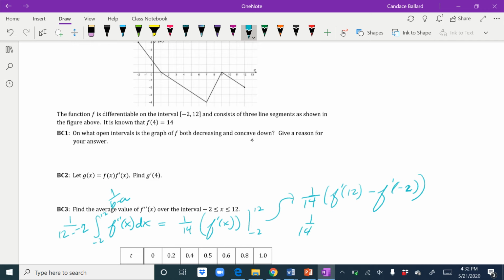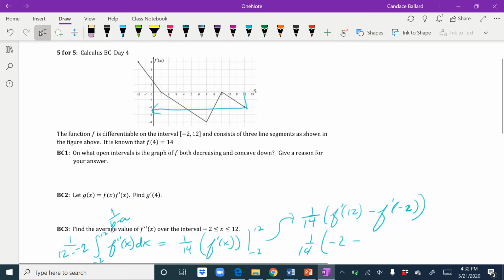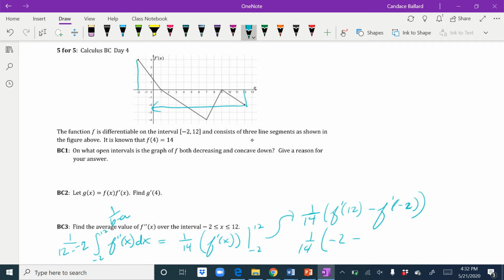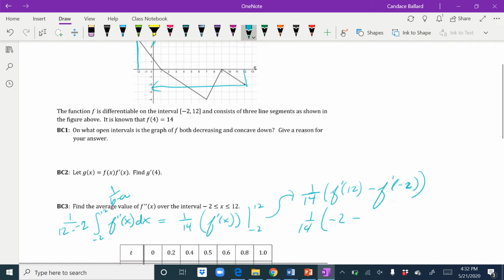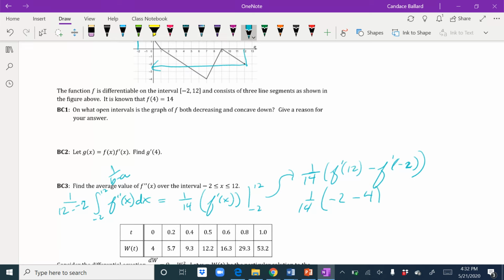Yep. So what are we seeing for 12? Negative 2. Yep. What are we seeing for negative 2? 0. No. Yes. 0. Right? I'm seeing 4. Oh my gosh. Yeah. Negative 2. Got to read the y value off. Okay, just making sure. I was just checking you. Stop and don't do anything else.